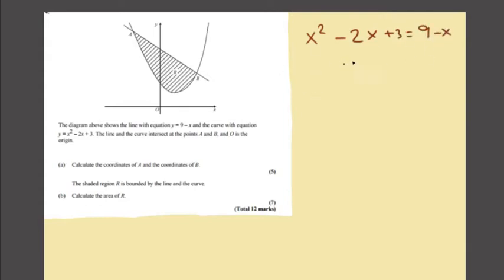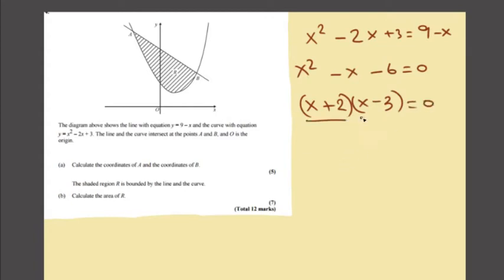Now to simplify this, we get x squared minus x minus 6 is equal to 0. Now we have to just factorize this. Do x there, and x there, and we will get those values, equal to 0.